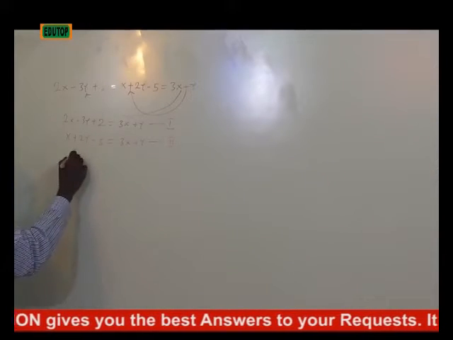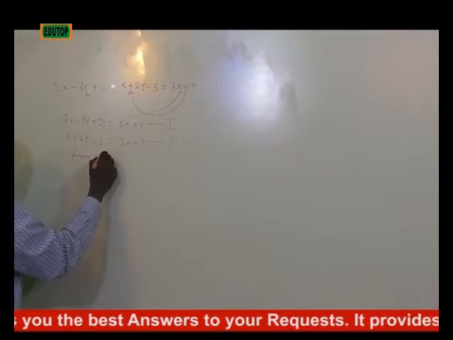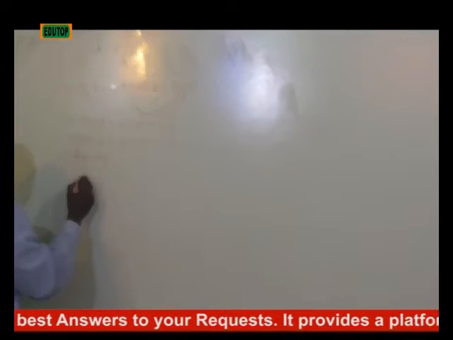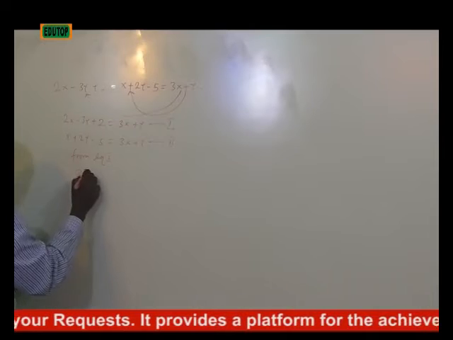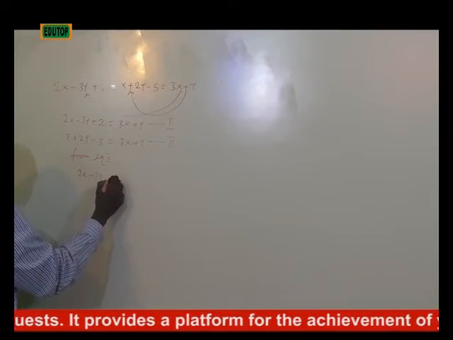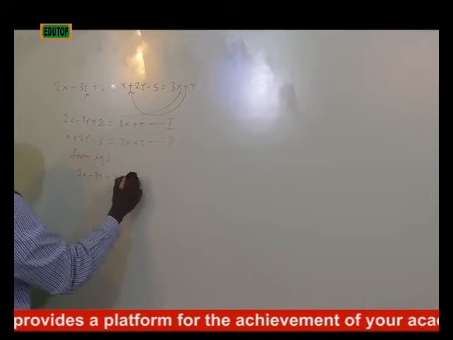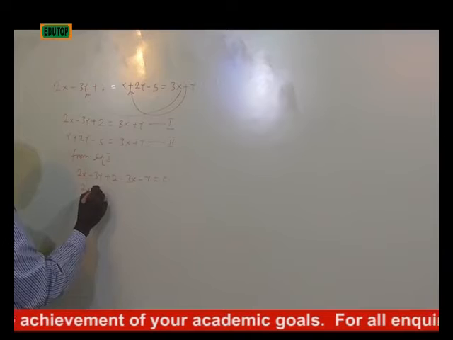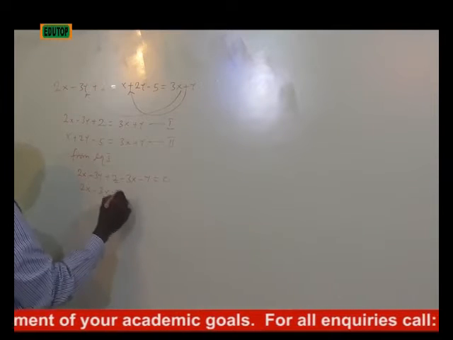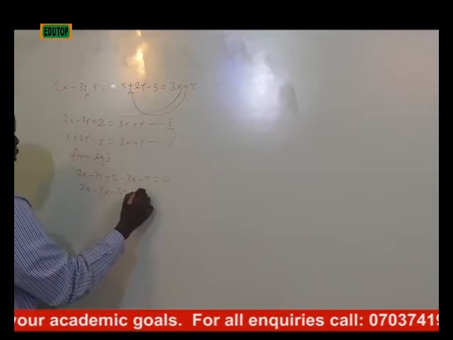So, from equation 1, we transfer everything here. So we have 2x minus 3y plus 2 minus 3x minus y equals to 0. Then this becomes 2x minus 3x minus 3y minus y.